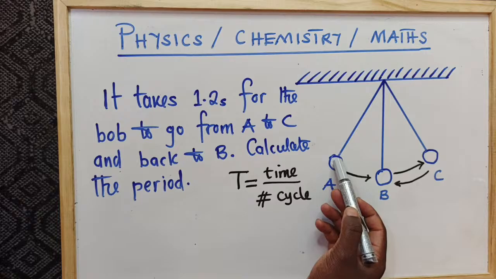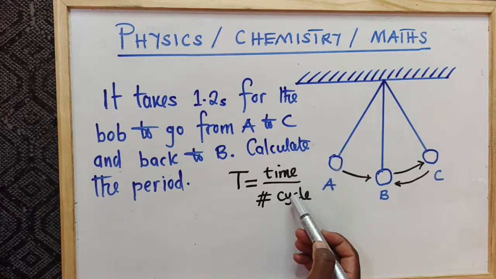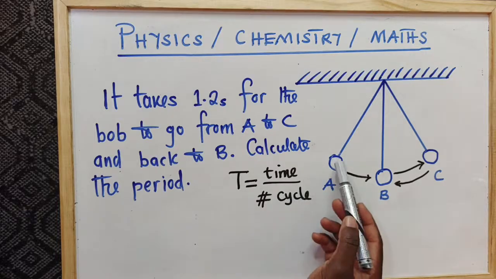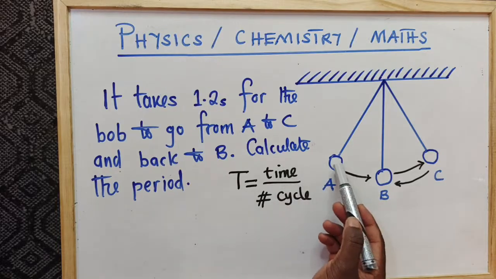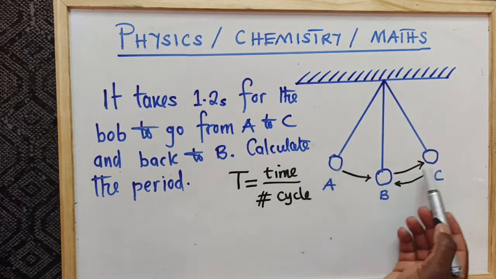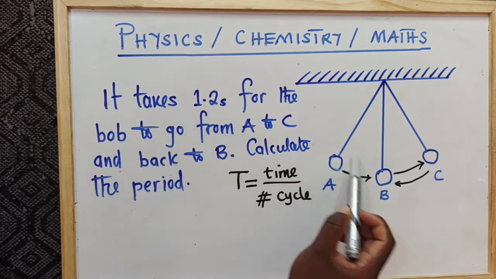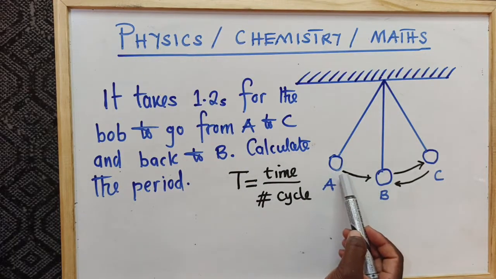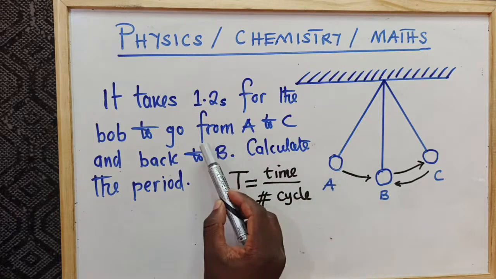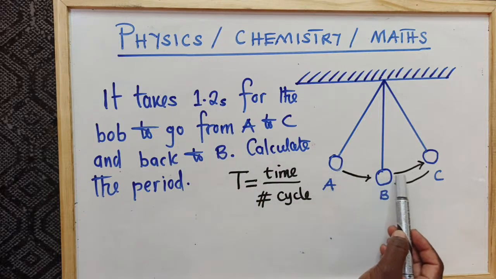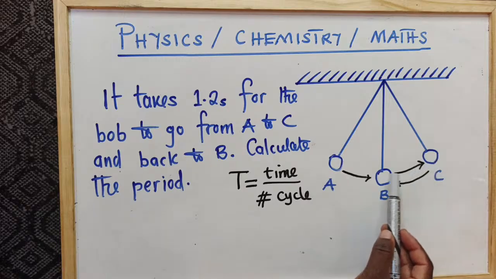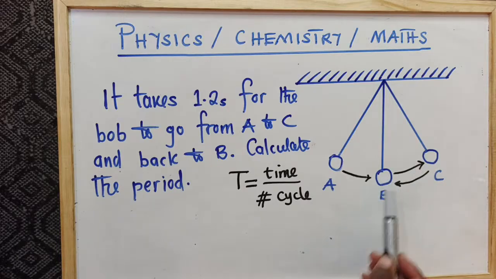That's one cycle. The time is the time it takes for it to move to point C and come back, which in this case we've not been given, because the bulb, as you can see from the arrows and the statement, went to B, all the way to C, and then came back. It stopped at B.